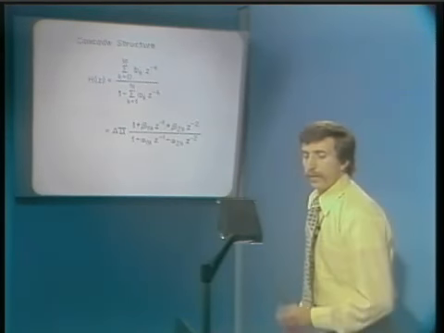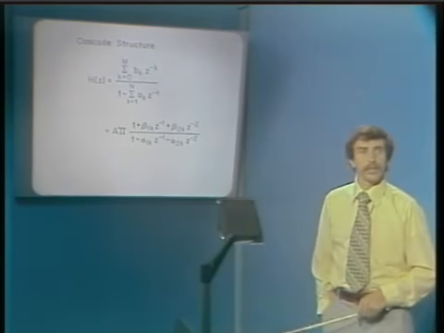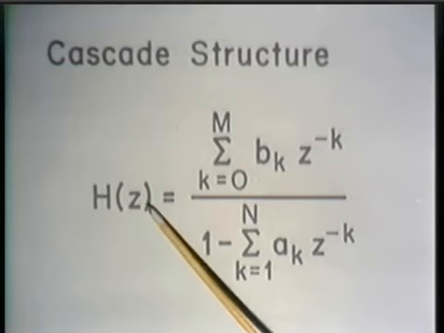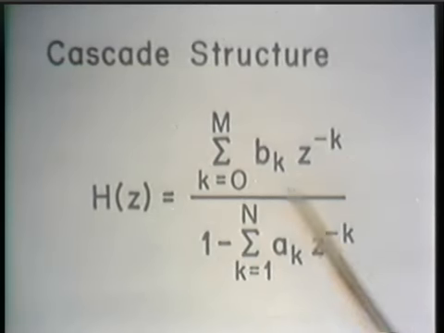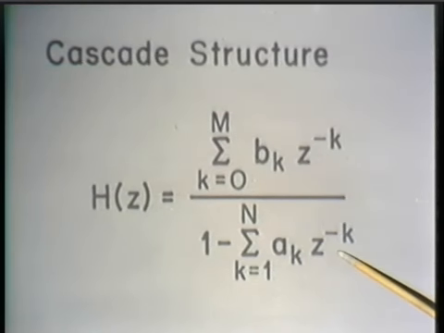The cascade structure is developed basically by factoring the transfer function of the system into a product of second-order sections or second-order factors. In particular, we have, again, the general form of the transfer function, H of z, as a numerator polynomial for the zeros, a denominator polynomial for the poles. We can factor the numerator polynomial into a product of first-order polynomials and the denominator polynomial into a product of first-order polynomials.